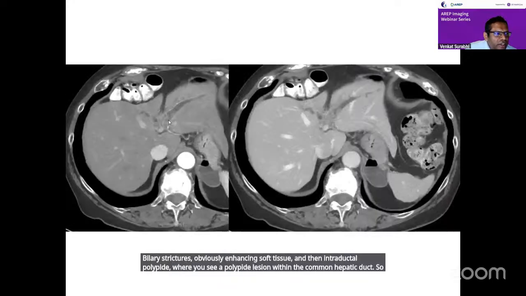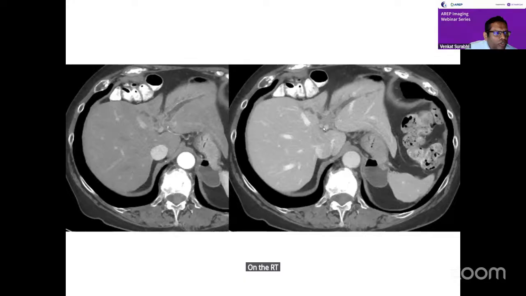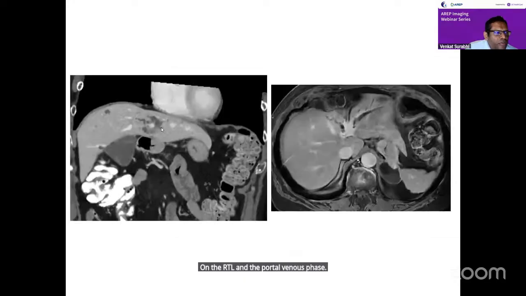So here is a lesion within the left hepatic duct. We can see soft tissue on the arterial and the portal venous phase. Same patient, we can see the soft tissue within the dilated biliary ducts.